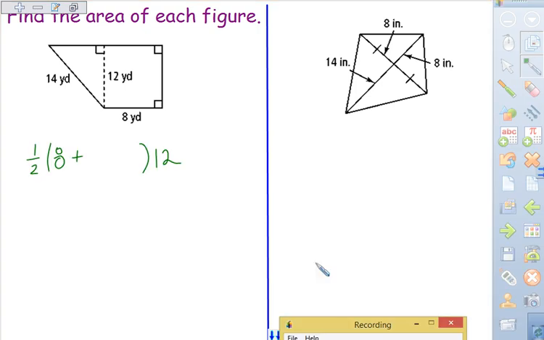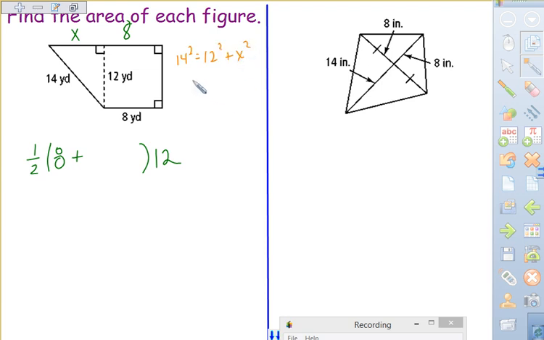In the first example, we have one base of 8, the other base is missing, and our height is 12. So I know that this side is 8, so I need to figure out what this side is. And I'm going to do that using Pythagorean theorem. So I have 14 squared equals 12 squared plus x squared.